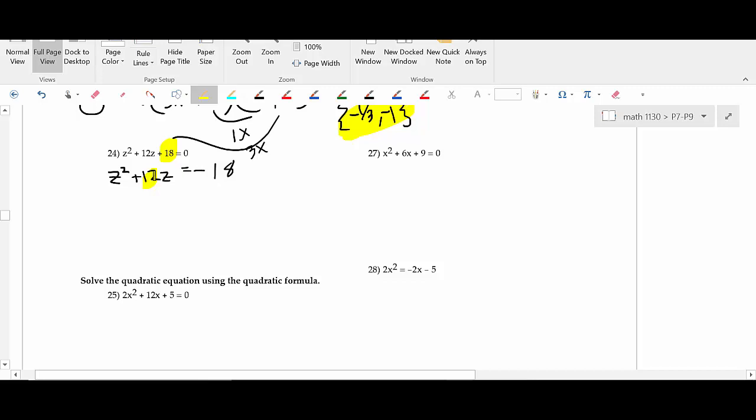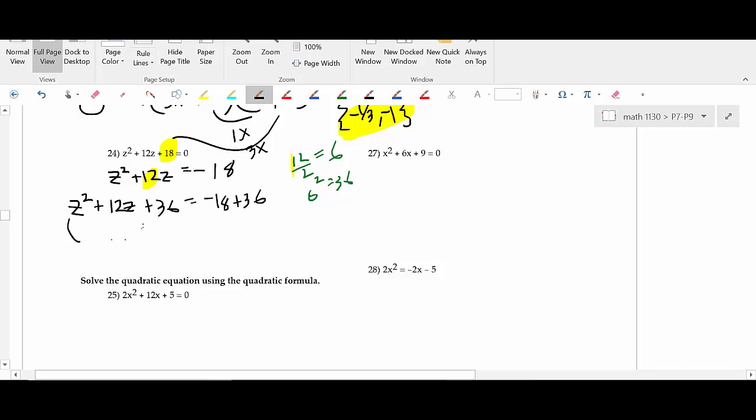You take half of it, so that would be 6. Coincidentally it's 36 again. Half of 12 is 6, and you can do that in your head. You don't have to write that on your paper. So 12 over 2 is 6, then 6 squared is 36. Then you add that to both sides, so you have z squared plus 12z plus 36 equals negative 18 plus 36.